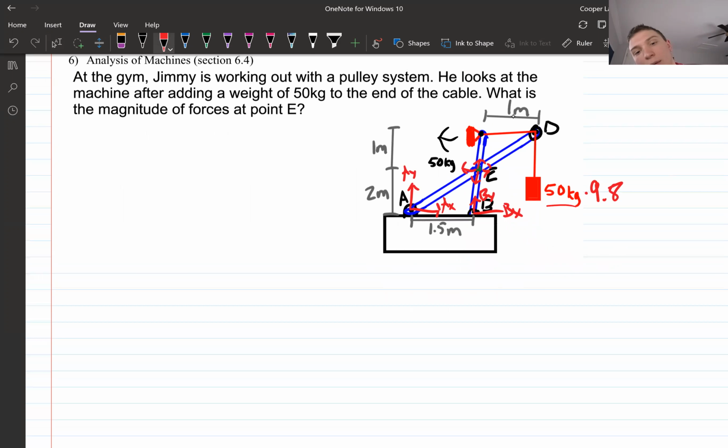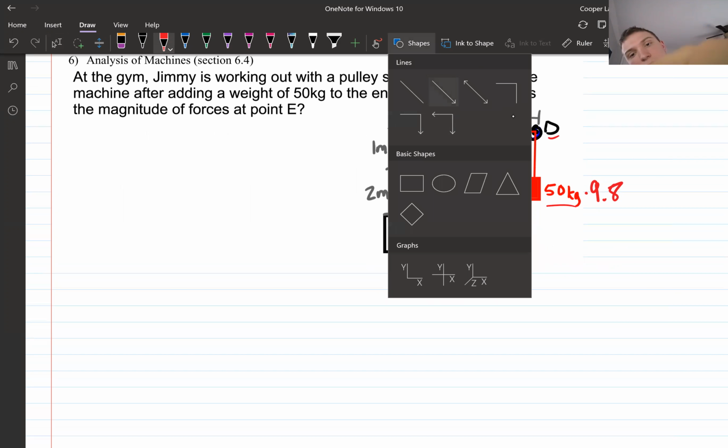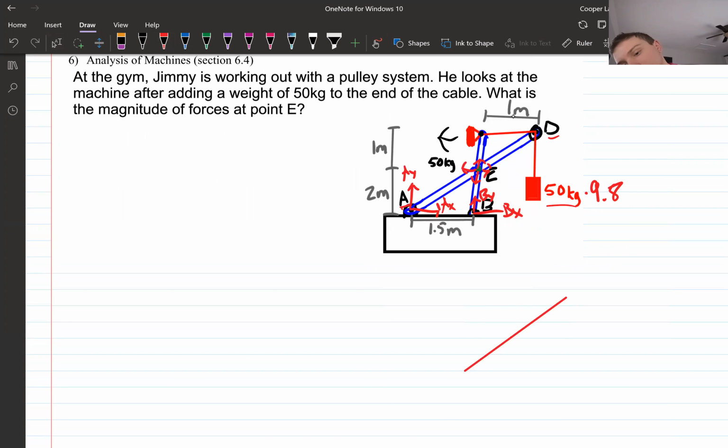So we're going to break up and use this bar from A to D. Just going to use this real quick to try to make the lines a little nicer. So that's my bar from A to D.